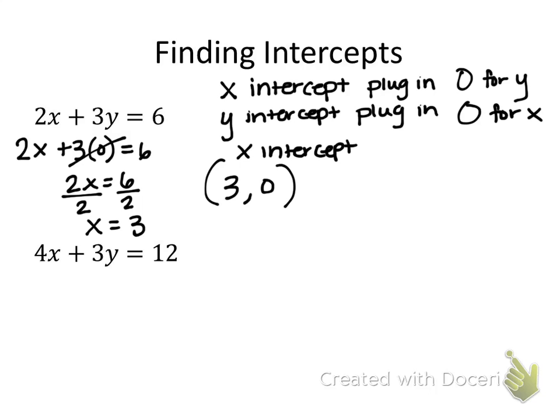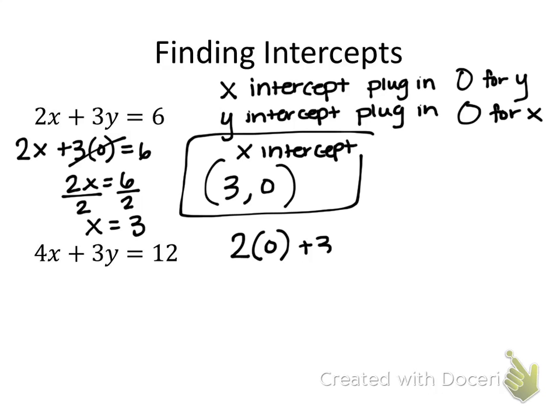Now let's use this same equation here and let's find my y-intercept. So what I want to do is I just want to plug in a 0 for x. So I write my equation, 2 times 0 plus 3y is equal to 6. Well, what happens to 2 times 0? It just goes away, and I get 3y equals 6. So I divide by 3 on both sides, and I get y is equal to 2.